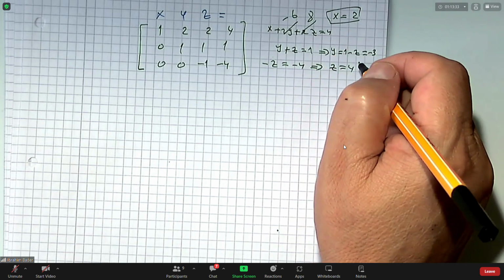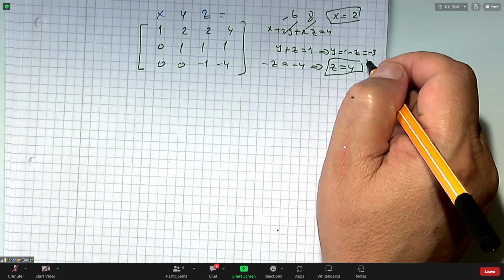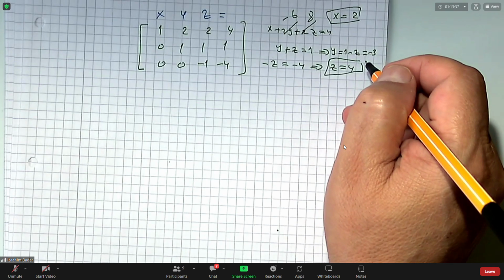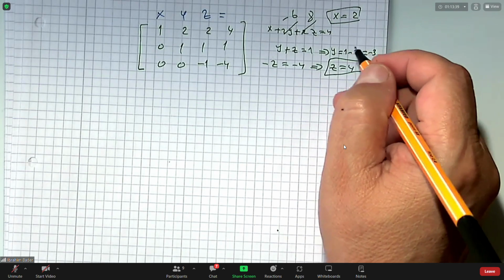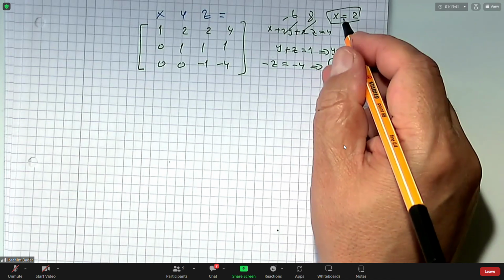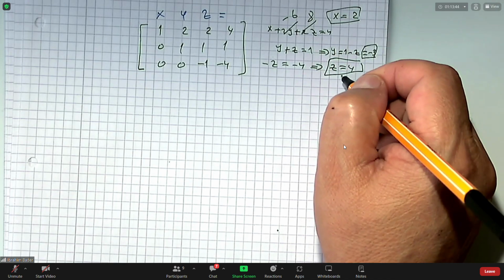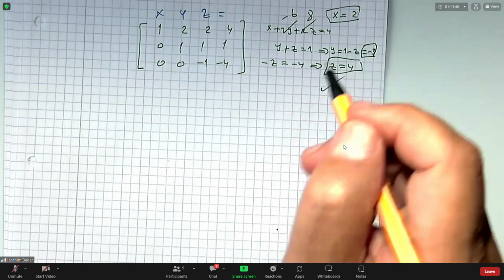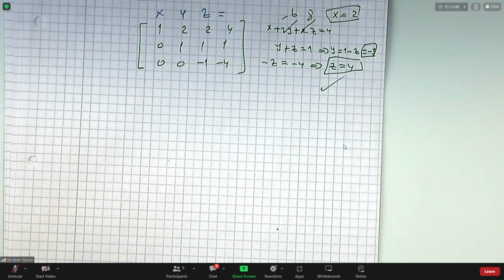So let's compare the results here. X is 2, Y is -3, and Z is 4, which is the same as before. So if you are not asked to use a specific method, it's up to you.